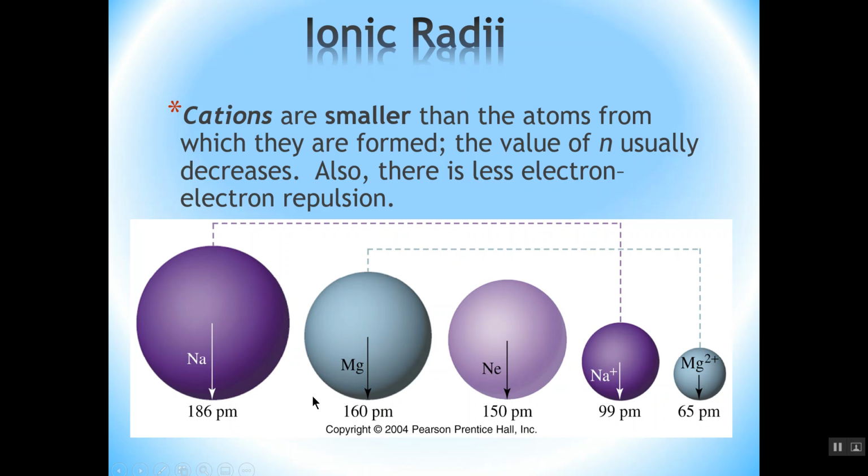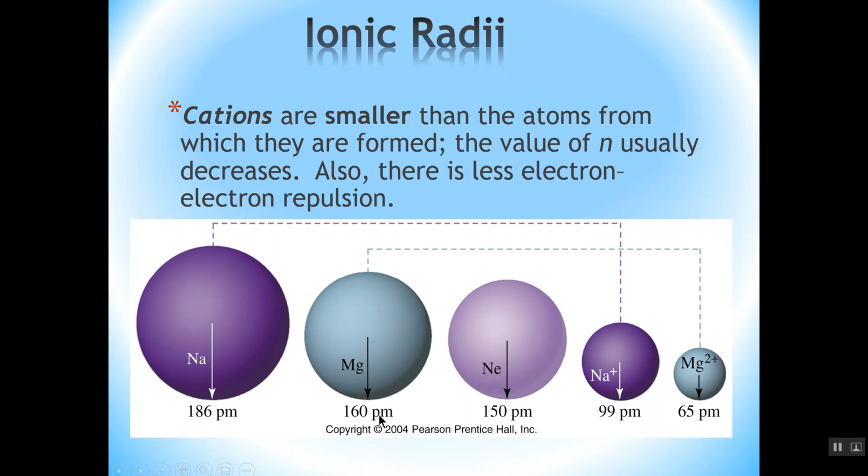You see that, for example, the sodium atom is 186 picometers, but the sodium ion, after losing 1 electron, is 99 picometers. So as you can see clearly, the size of the sodium cation is almost half of the size of the atom from which it is formed, the sodium atom. And you see a similar trend when it comes to this other example.